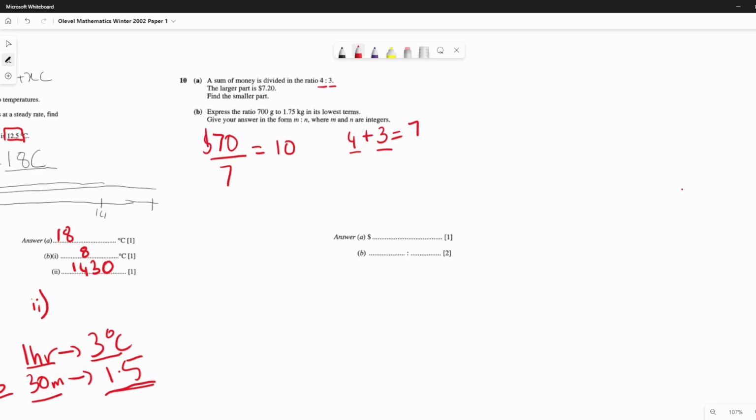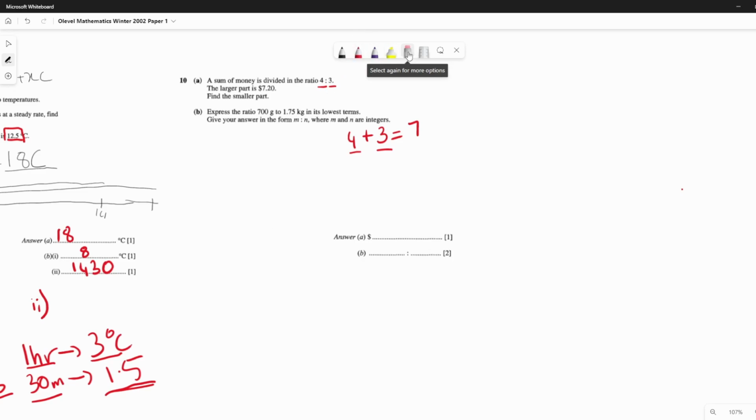So we have $70 and we'll get $10 in each part. So one part would be $10, right? That means 4 parts would be $40 and 3 parts would be, well, $30, and that would make the total be $70, right?